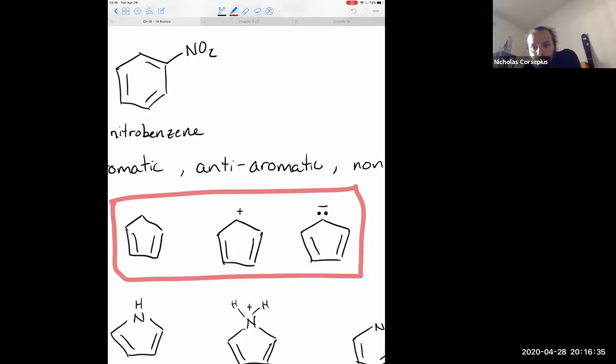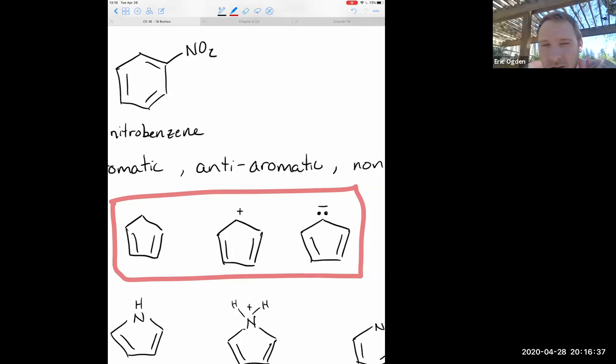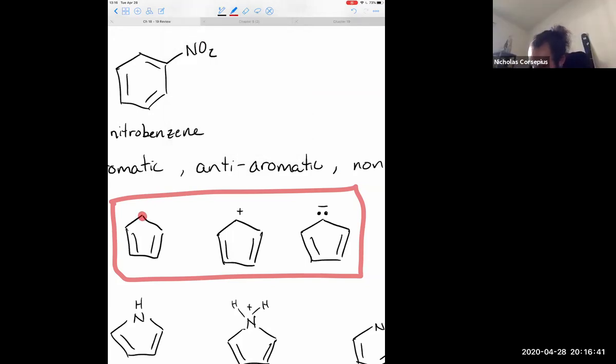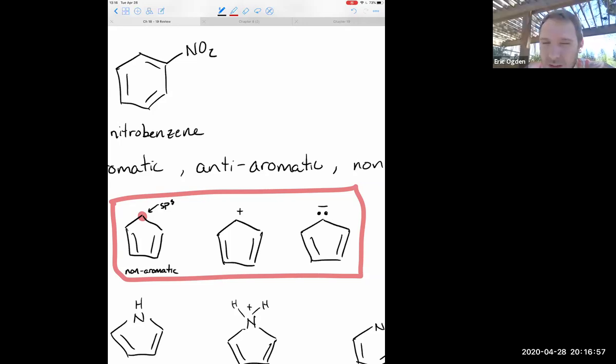Because it has an sp3 carbon. Yeah, absolutely. The thing that messes this one up is this carbon right here is sp3 hybridized, so there's no p orbital sticking up that can participate in that resonance network. So this is non-aromatic. Any ring that has an sp3 carbon is non-aromatic. It doesn't matter where it is.